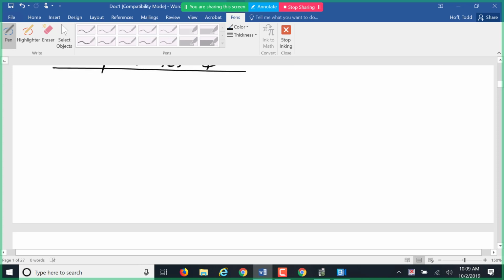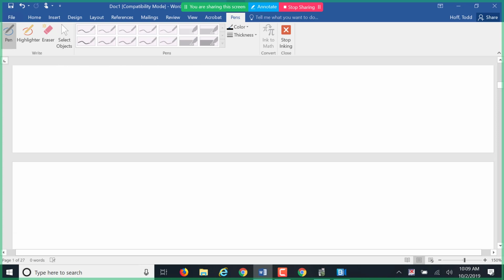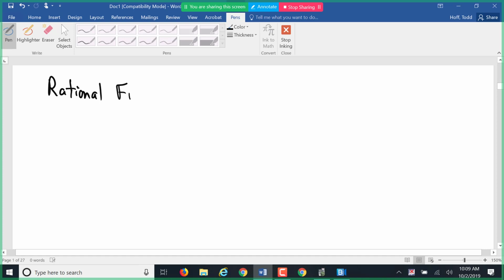So let's wrap up Unit 1 here today. We've been talking about polynomial functions. The next step from polynomial functions is rational functions, and rational functions are really a combination of polynomial functions.